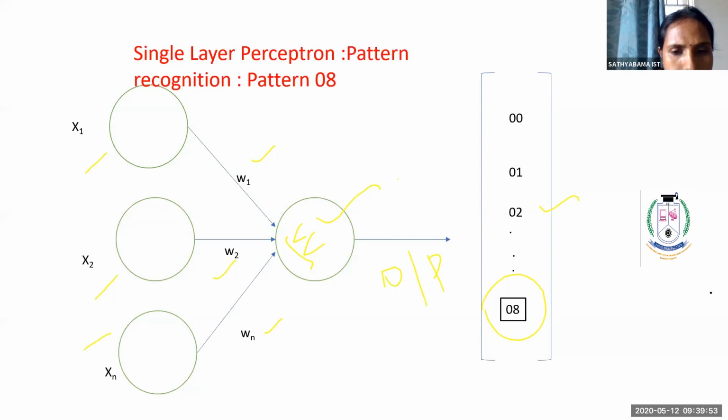Your actual output is not equal to your desired output; that is called an error. To reduce the error, you have to update your weights, in the sense you modify the weights until your actual output is equal to your desired output, until your system recognizes that your input pattern is 8. That is called the correct output. Until then, you have to update your weight values.